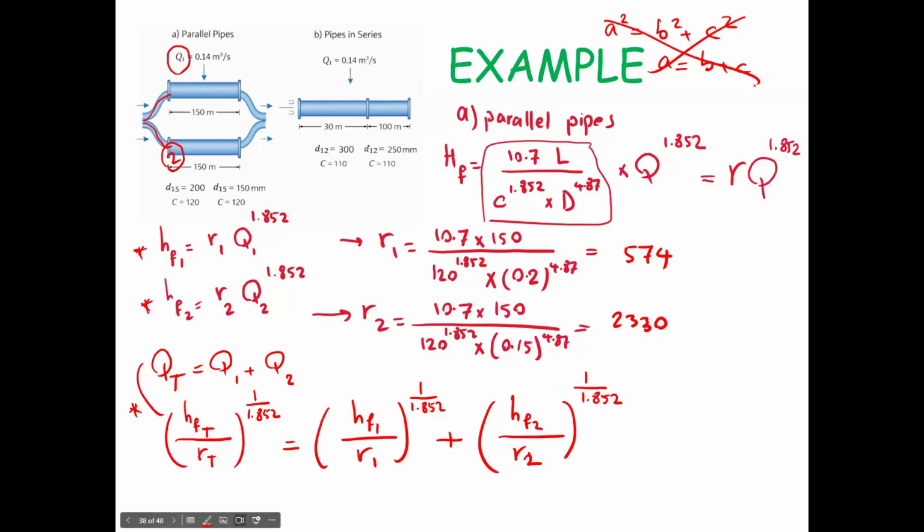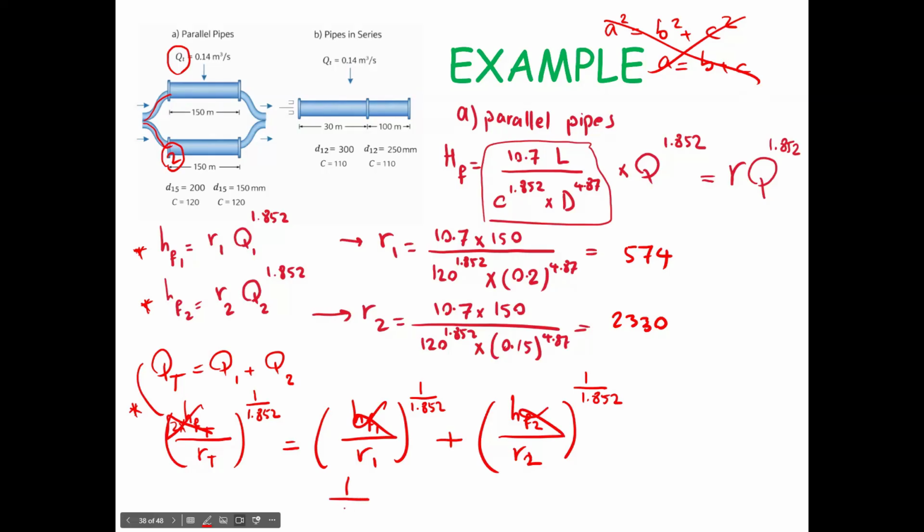Based on the parallel rule, which one is equal in all of them? Yeah, losses. No matter what, losses are the same. Consider that I multiply them by 2, you can cancel out 2. So HF is the same in all of them.